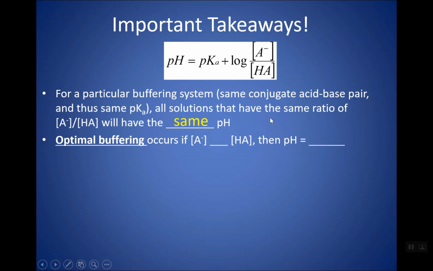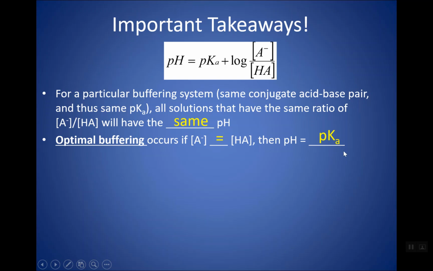And if you're doing titrations, this is super important because halfway to the equivalence point, halfway until you have used up all the HA to create conjugate base, at the halfway point, you will have equal amounts of these. Your log of this will be, log of 1 is 0, and your pH will be pKa at the half equivalence point, and it's all because of this equation.